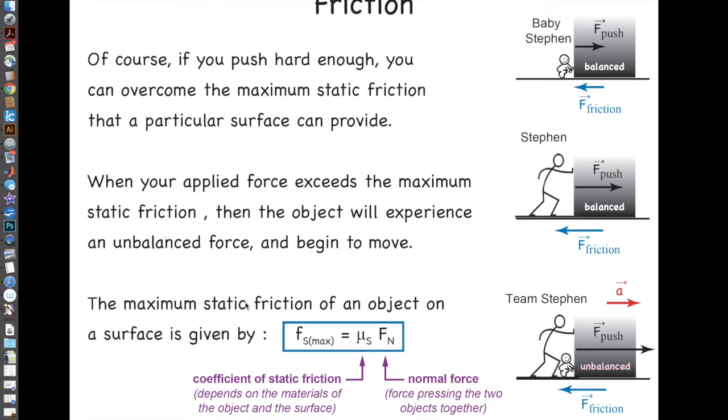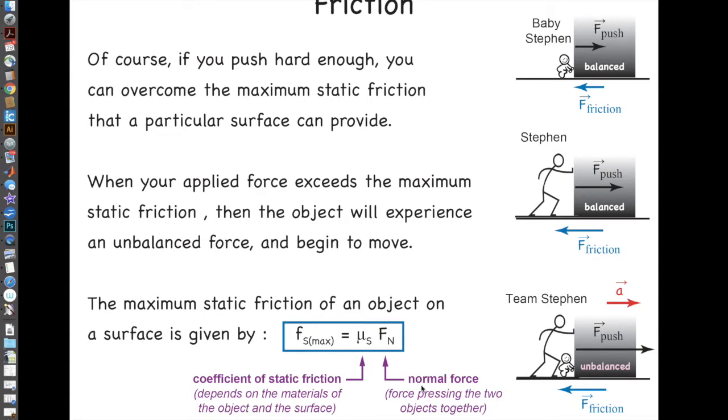The maximum static friction of an object on a surface is given by this relationship here. The force of static friction, the S stands for static, the maximum amount, is given by mu s, which is the coefficient of static friction, times Fn, or sometimes in the textbook it is written as just little n.